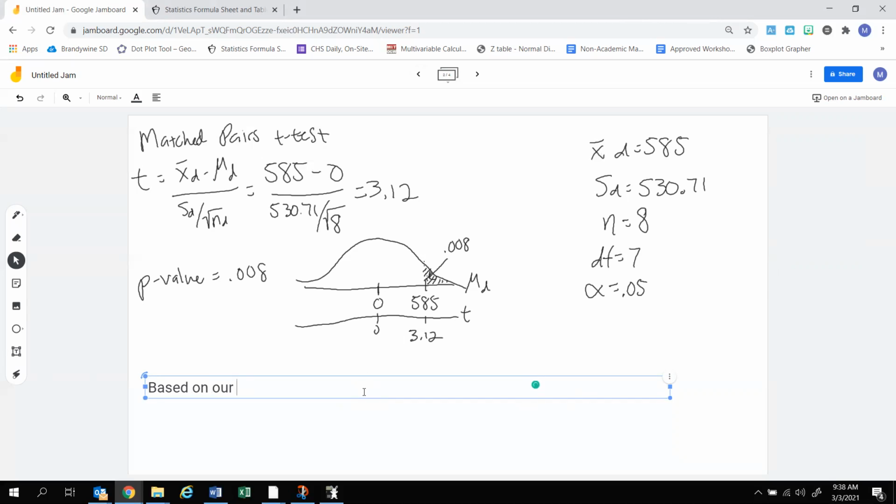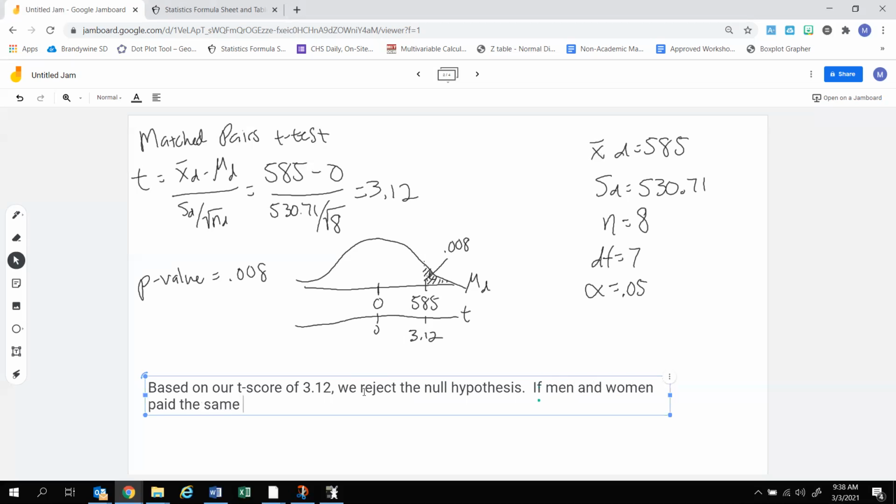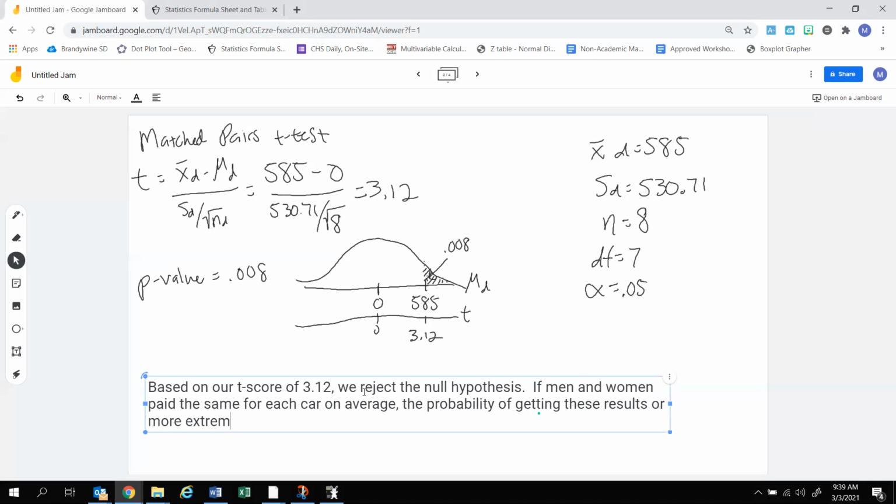Based on our t-score of 3.12, we reject the null hypothesis. If men and women paid the same for each car, on average, the probability of getting these results or more extreme is 0.008, which is less than our alpha of 0.05.